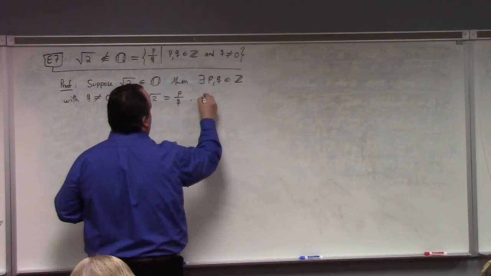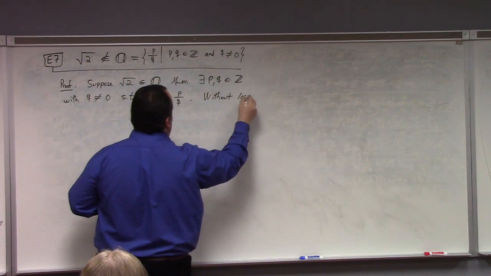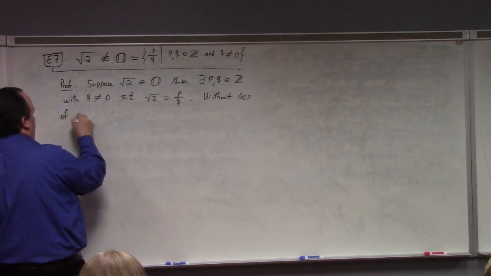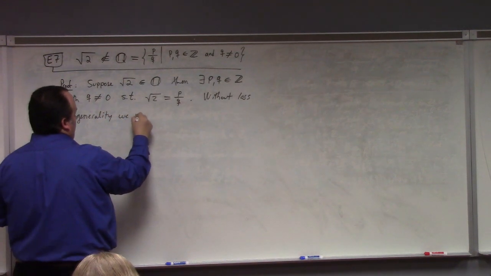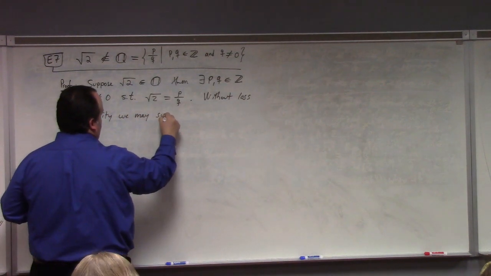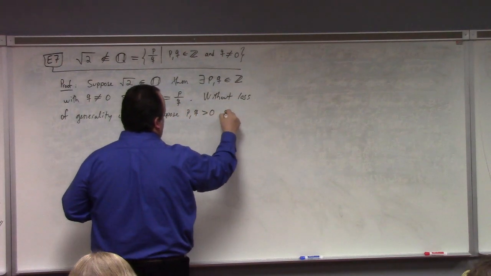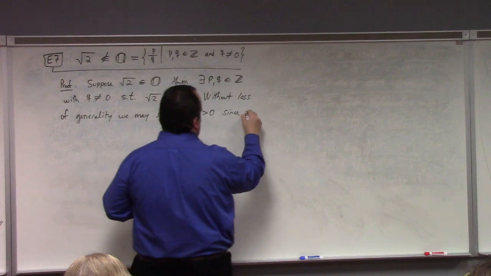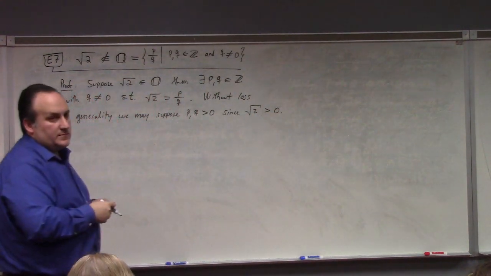So, without loss of generality, we may suppose p and q are positive, since the square root of 2 is positive, right?